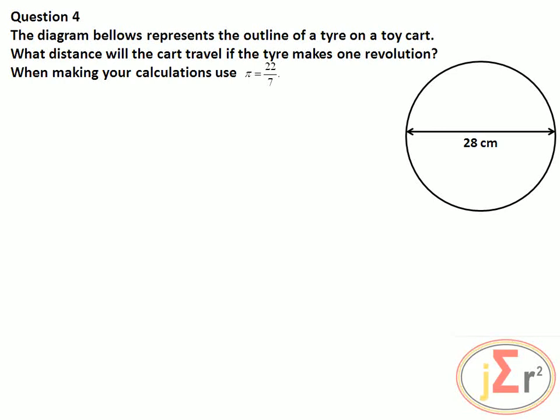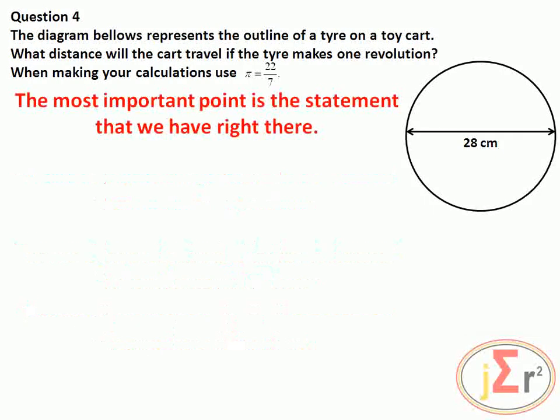But let's take a look at it again. The diagram below represents the outline of a tire on a cart. What distance will the cart travel if the tire makes 1 revolution? When making your calculations, use pi to be 22/7.